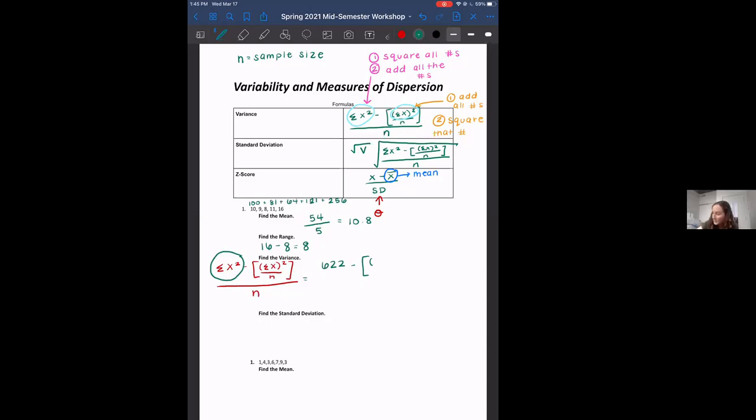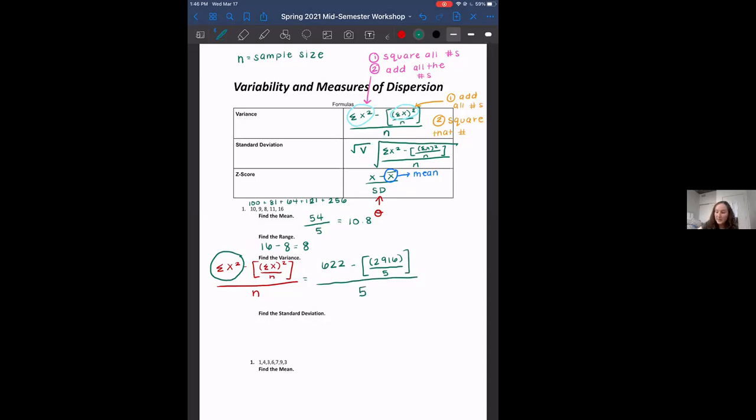Yes, good, thank you. Okay, and then what do we put for n? What is n? That would be 5, right? 5, yes, good. Okay, so 5, and then we divide the whole thing by n again, which we just said was 5, right?